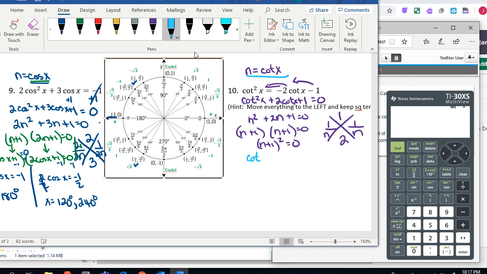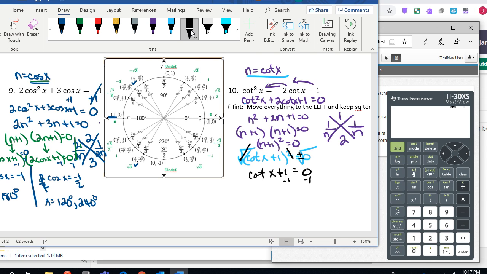So cotangent x plus 1 equals 0, and I'm going to take the square root of both sides. When I take the square root of both sides, this cancels with the square, and I have cotangent x plus 1 equals plus or minus 0, but it's 0. This is the only time that plus or minus doesn't matter because 0 is neither positive or negative.